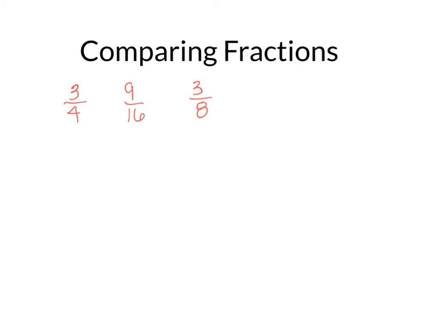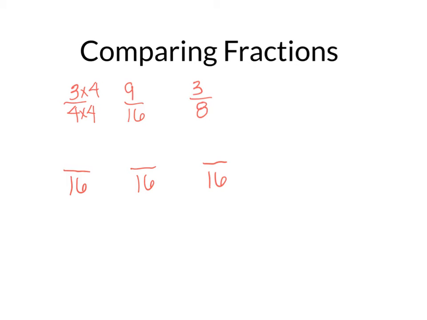Well, the good news here again is that 4 and 8 both go into 16, so I can rewrite all of these with a common denominator of 16. I'm going to use the same method I used previously, which is to say, what did I multiply the bottom number by to turn it into a 16? In the first case, I multiplied by 4.